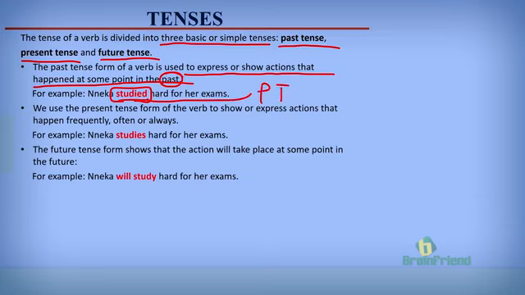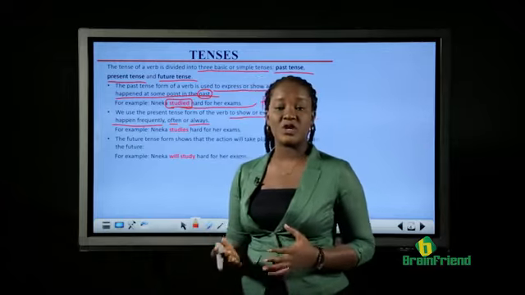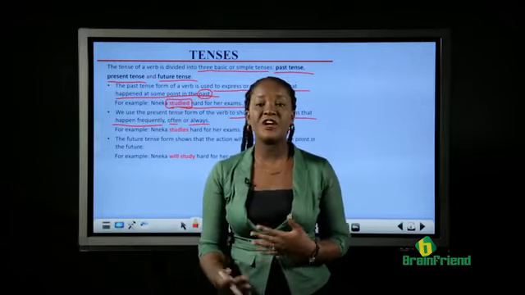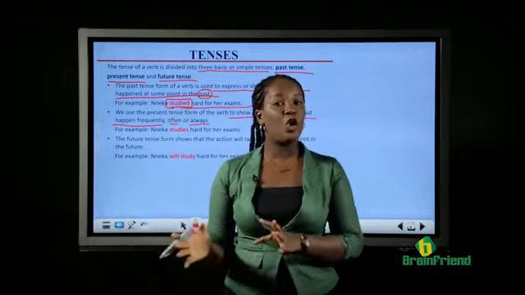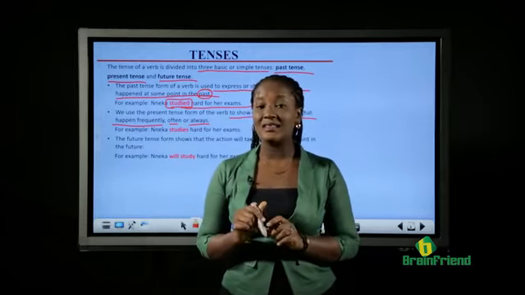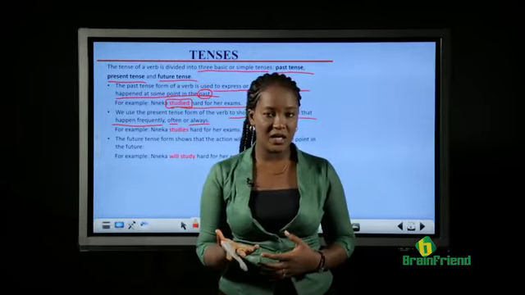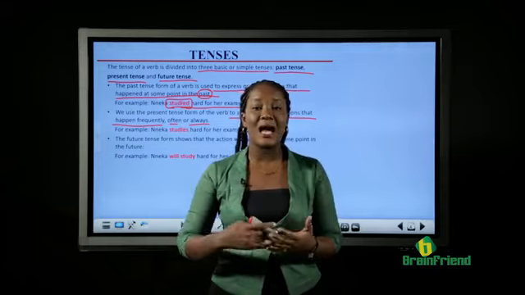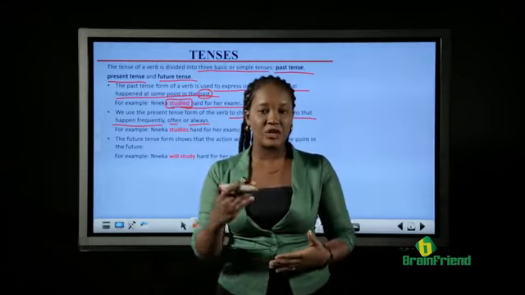On the other hand, we use the present tense form of a verb to show or express actions that happen frequently, often, or always, not necessarily at the time when you are speaking, but it simply means that the action happens often, happens regularly.